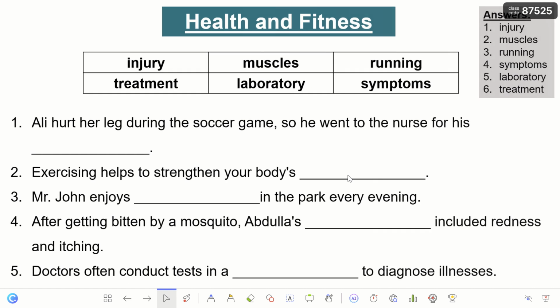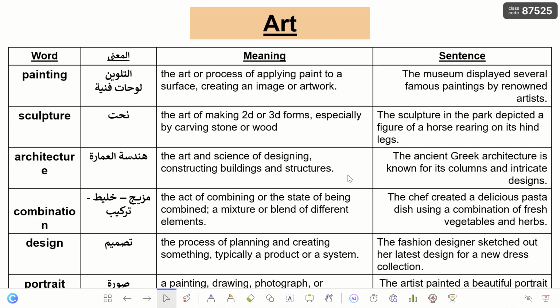Okay, let's move now to the art part. I maybe need just to focus here on the art part because we didn't cover it a lot during the semester. So painting, we know the meaning of painting, the art or process of applying paint to a surface or creating an image or artwork. Sculpture, pay attention to this word, sculpture.